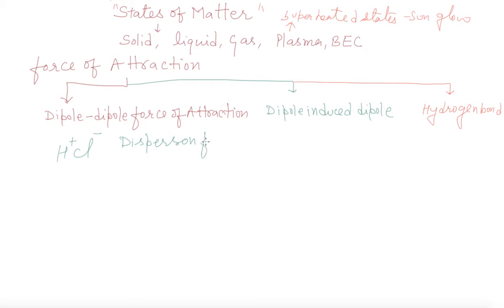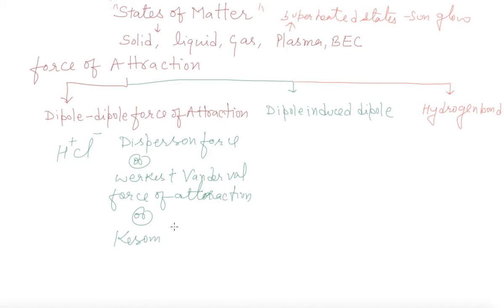and it is also known as weakest van der Waals force of attraction, keystone forces, and this is also known as London force.